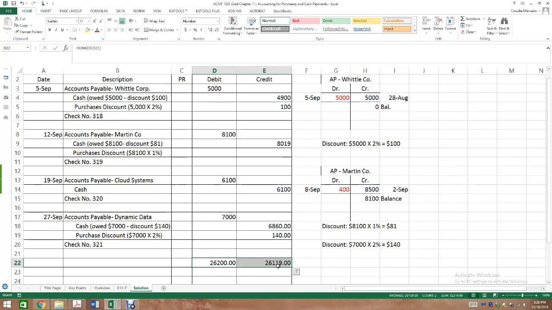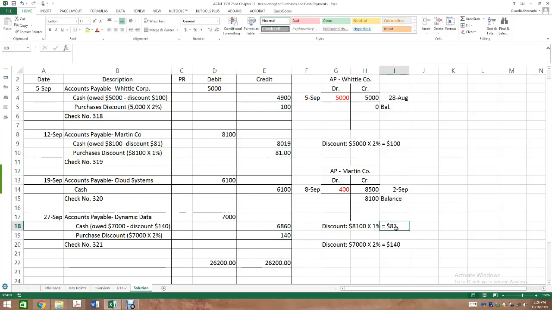And let me see. 4,900, 100, 80, 6,100. These have to go like this. Oh, am I missing something? 4,900, 100. Oh, right here. I forgot my discount right here of $81.